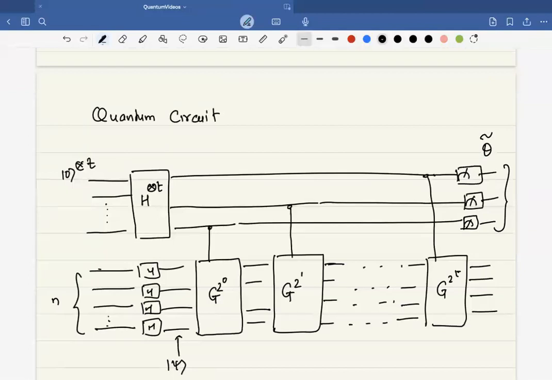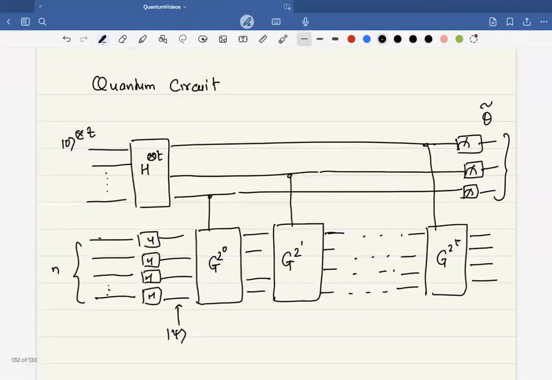Now, the accuracy will depend on the number of bits on the top register.